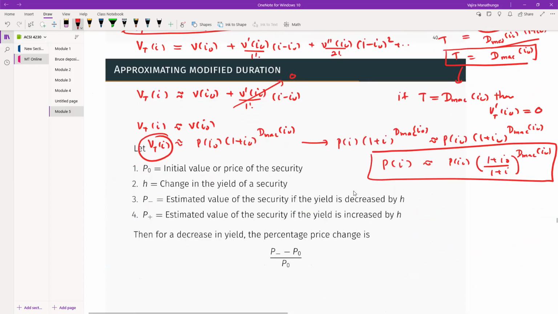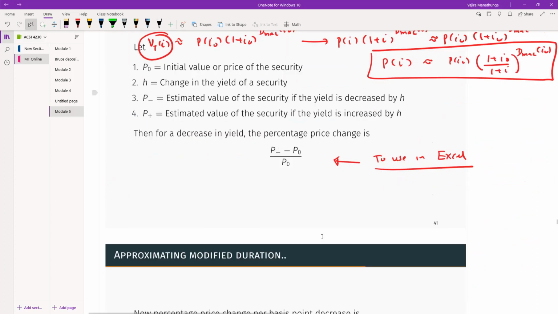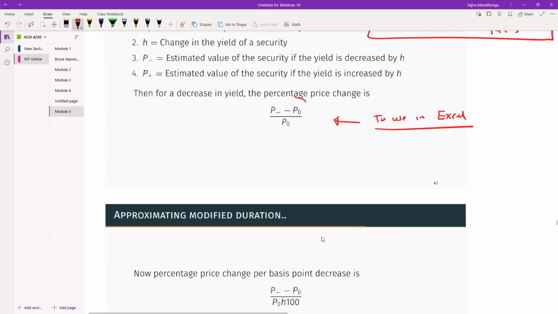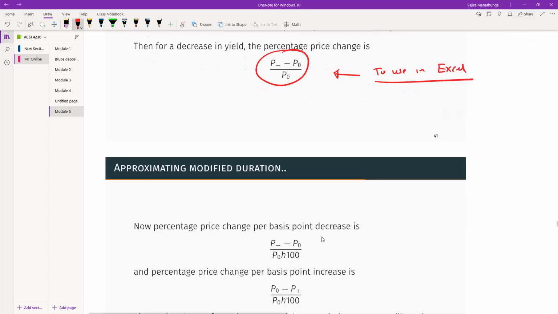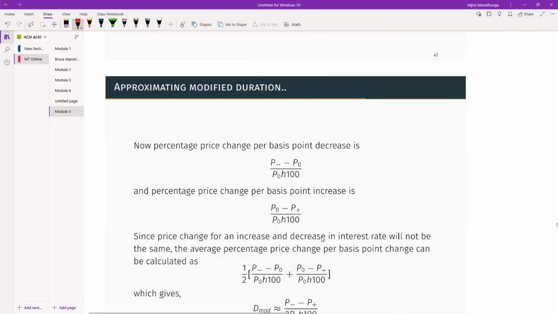This slide is basically for use in Excel. When you have an Excel sheet, how do you really calculate the modified duration? This one gives you that formula. This is one formula you need, and this is the other formula.